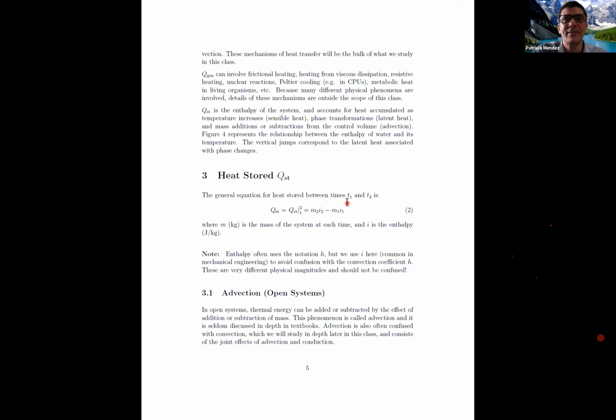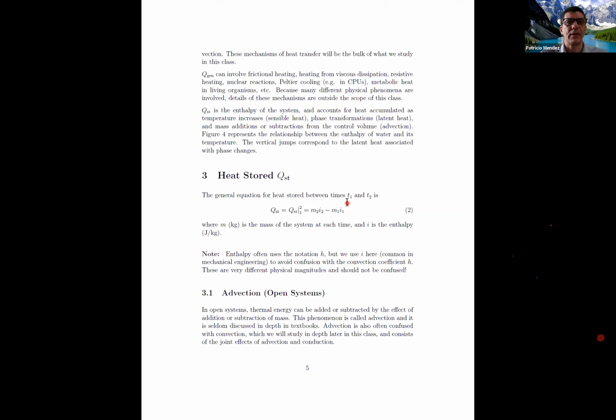I know about this because my native language is not English, it's Spanish, but I have to take exams and take my candidacy exam, and now I'm teaching in English and I don't have time to stop and translate. It has to become second nature. And these little things, like what is Q stored and what is enthalpy, have to become second nature, not just for this class, because you'll be using this for the rest of your courses, in courses like design.